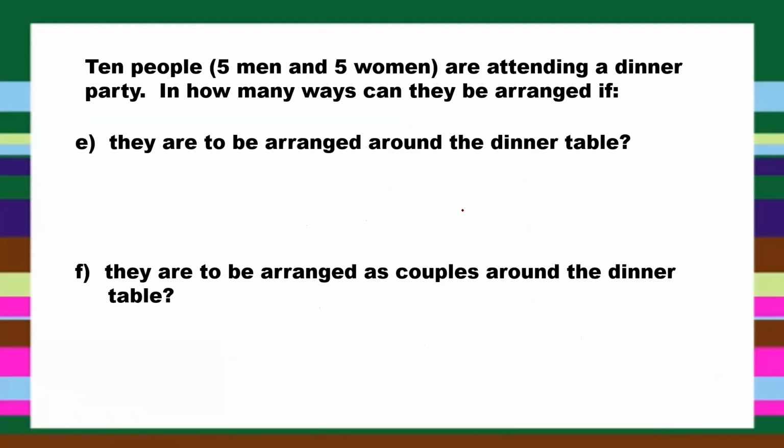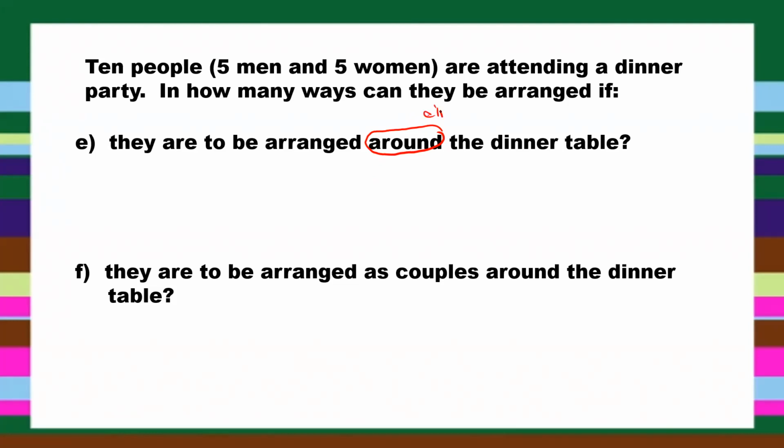Now let's look at letter E. They are to be arranged around the dinner table. So looking at letter E, ang sabi around the dinner table. So if that is around the dinner table, ang mangyayari ay yung mga taong to ay arrange mo siya sa circle.